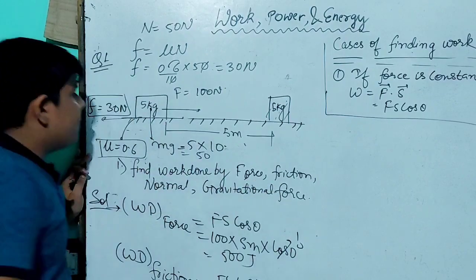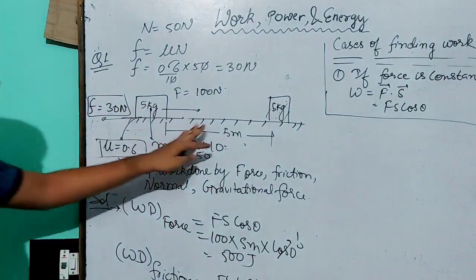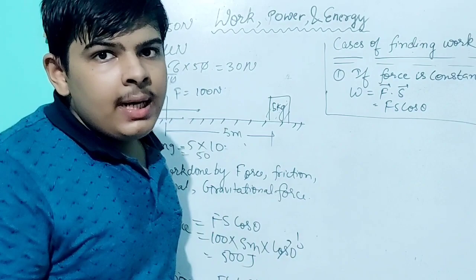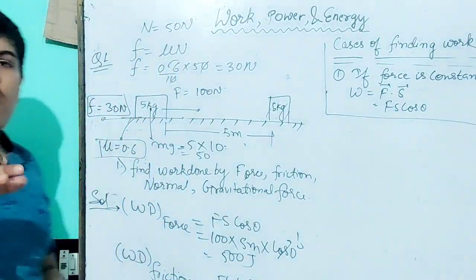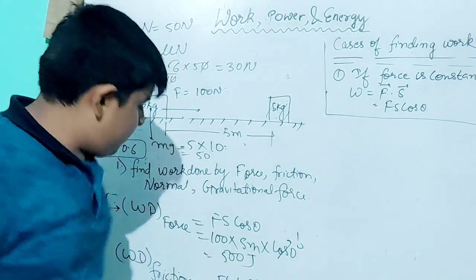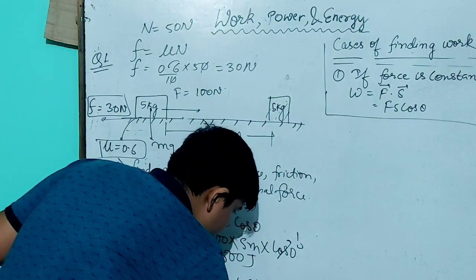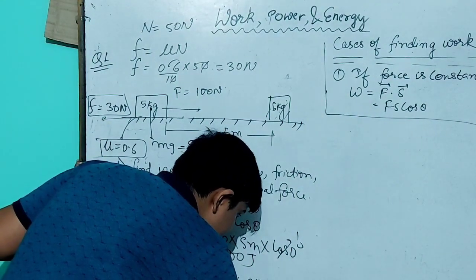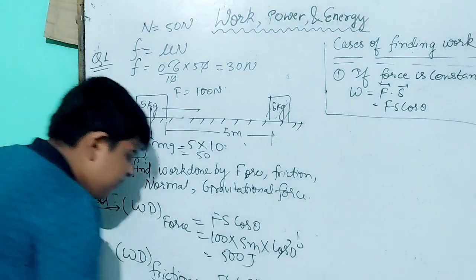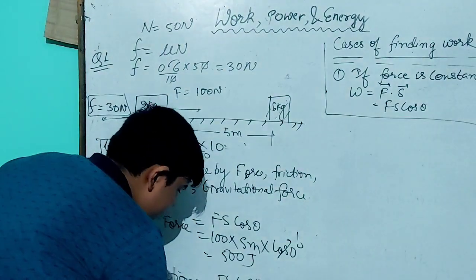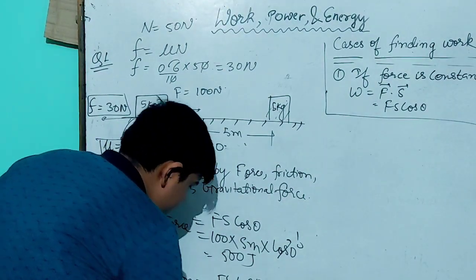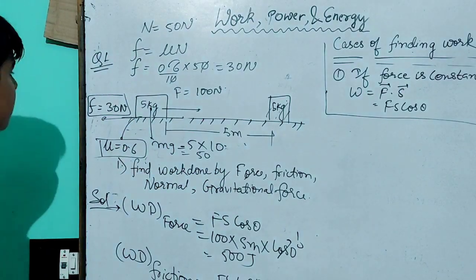And the angle between the frictional force and the displacement is 180 degrees. And you are well aware that cos 180 degrees is equal to -1. So therefore our answer will be -150 joule.